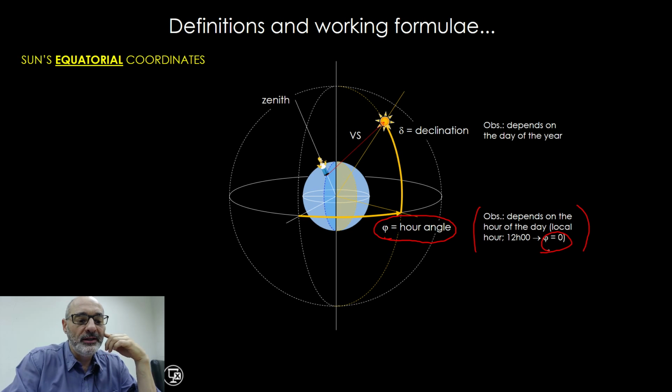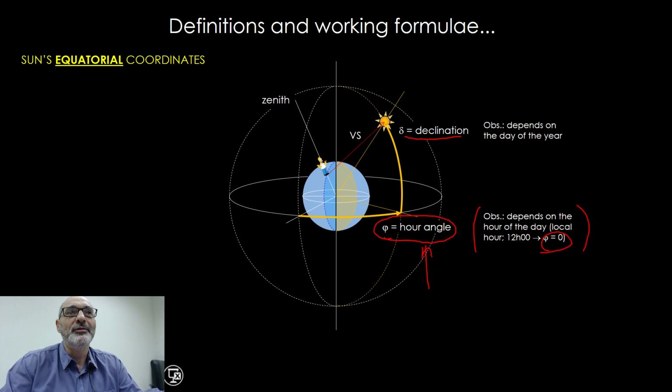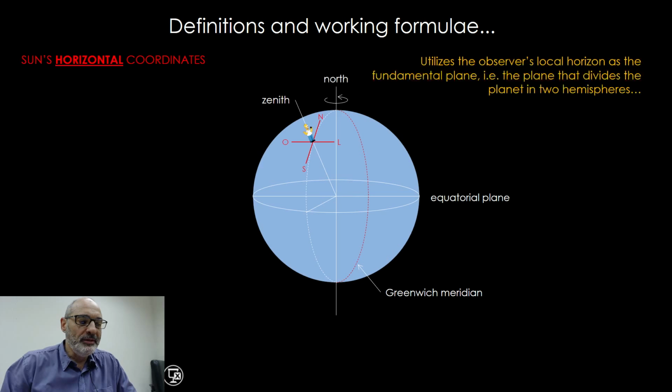So the position of the sun is defined in terms of the hour angle, or simply hour, and also in terms of its declination. The hour angle depends on the hour of the day, and the sun's declination depends on the day of the year. Let's move on.